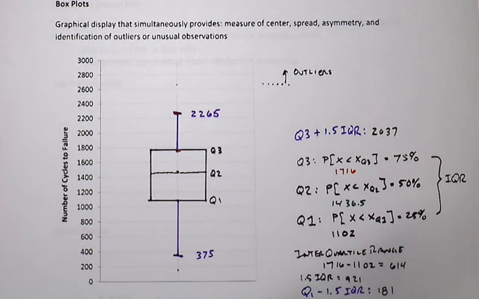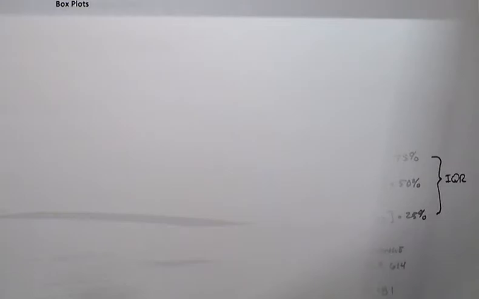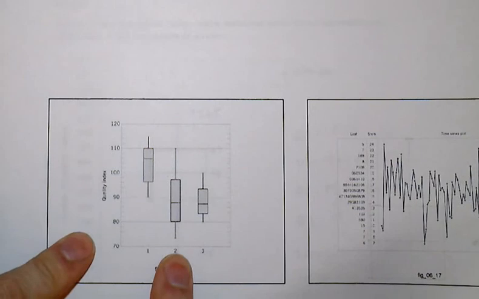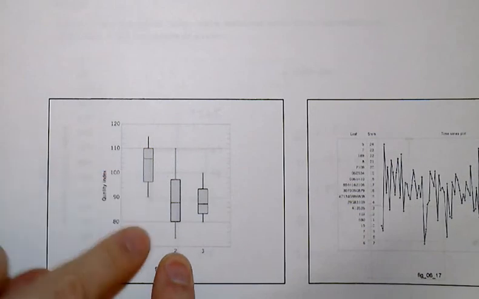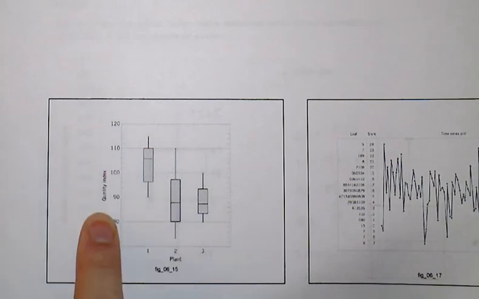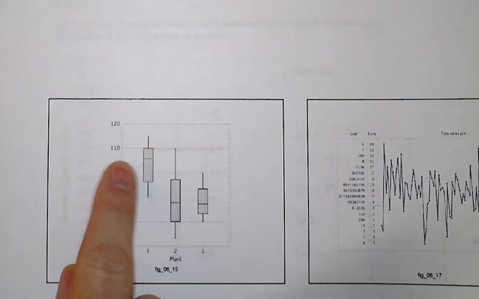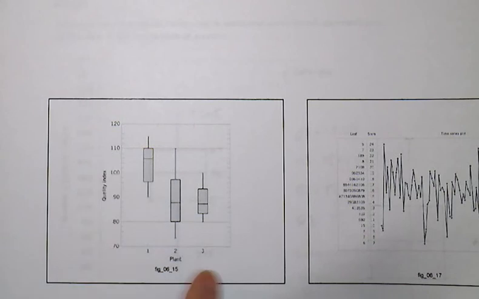If you were to do these for, say, a number of different kinds of processes, maybe different plants that we're looking at, right? Here's a figure out of your text where you've got 3 different plants, and here's some measure of quality index, and you can get a sense right away that plant 1 has an average, or a median value at any rate, that's quite a bit higher than the other 2 plants.